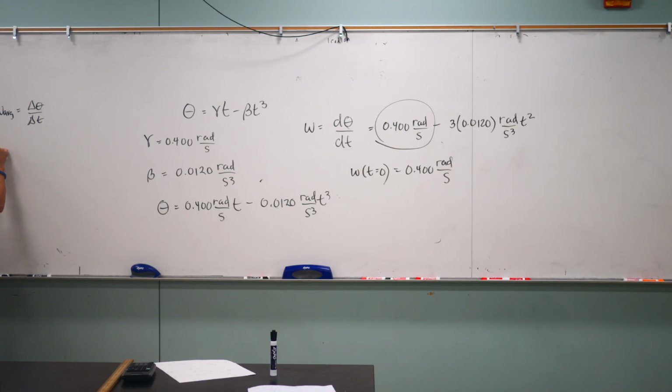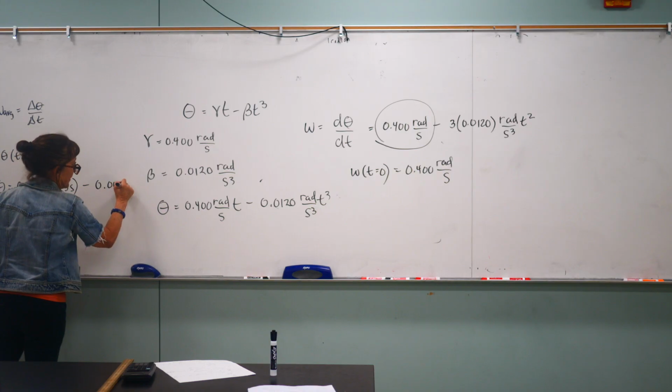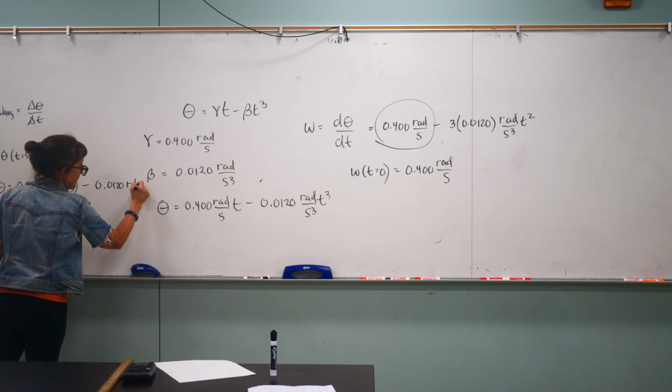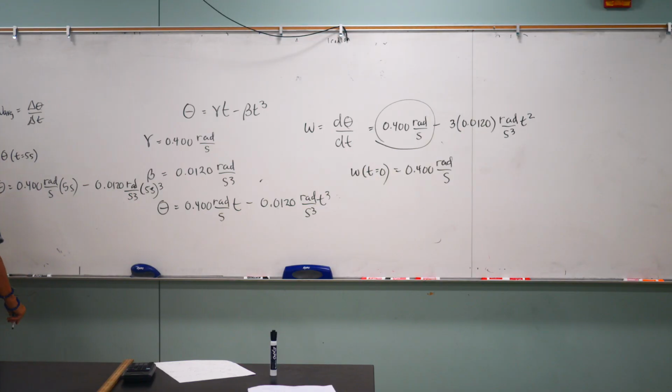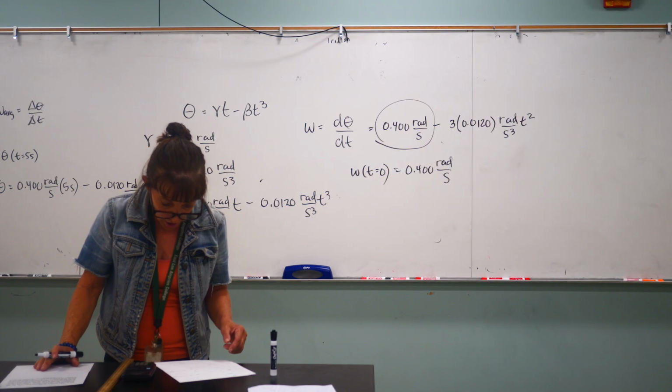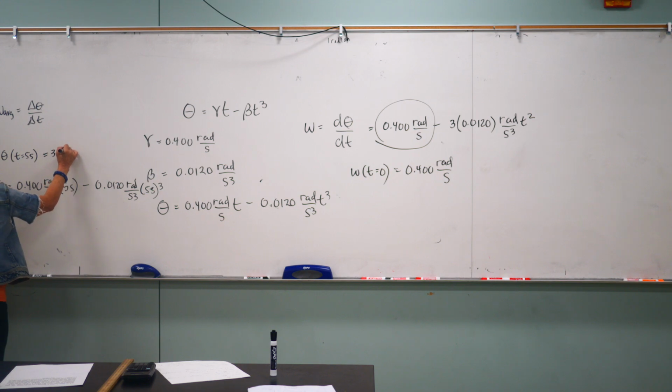So theta at t equals 5 seconds is going to equal 0.400 radians per second times 5 seconds minus 0.0120 radians per second cubed times 5 seconds quantity cubed. I got it. It's 3.50 radians.